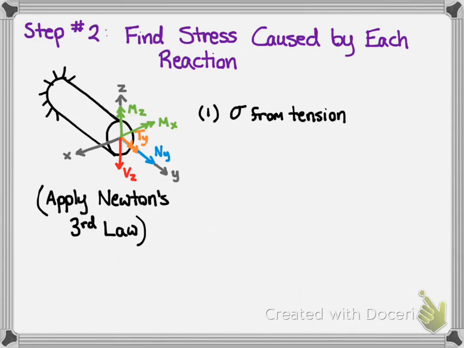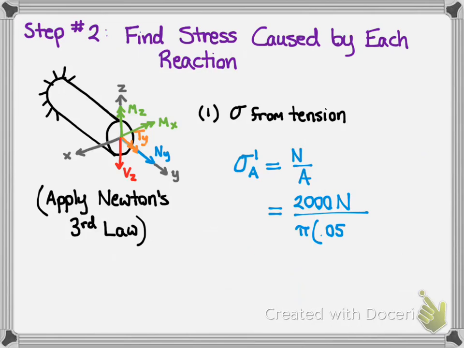Once we've done that, we can start to evaluate the stress caused by each of those individual reactions. So we'll start with the stress at point A, since that's what we're trying to find. And this is one of two components of normal stress, so I'm going to give it a superscript of 1. And we know that's equal to N over A. We found earlier that N was equal to 2,000 newtons, and our A, since this is a circle, is pi r squared, and r is 0.05 meters.